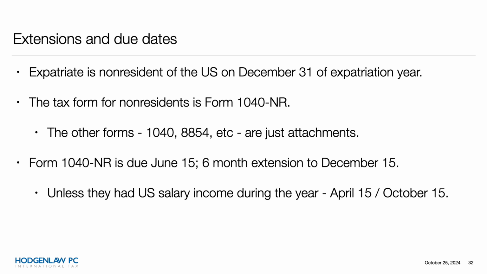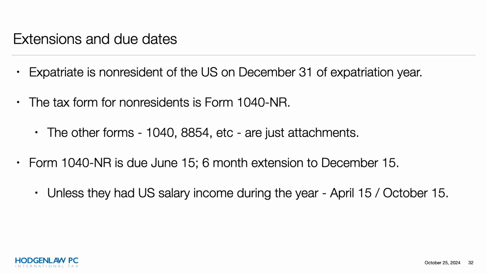Extensions and due dates. An expatriate is a non-resident of the U.S. on December 31st of the expatriation year, typically, and we'll talk about residency dates in a little bit. The tax form for non-residents is Form 1040-NR, and the other forms like Form 1040, 8854, etc., those are all just attachments. So you're filing a Form 1040-NR.